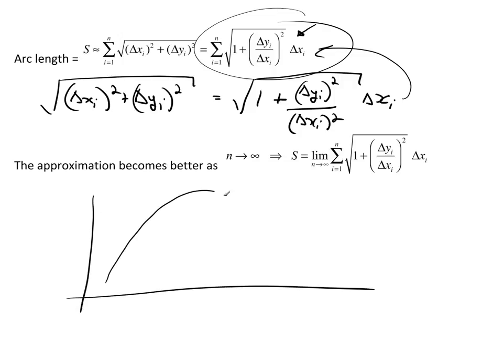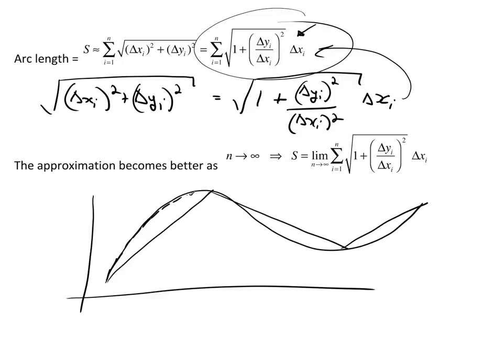So rather than on a curve like this having big pieces that I'm adding up, I start getting a bunch of little teeny pieces, an infinite number of these little pieces, and that's what this is representing. So the infinite number of these little line segments will give me the true arc length that I'm looking for.